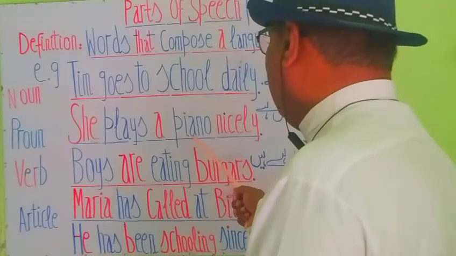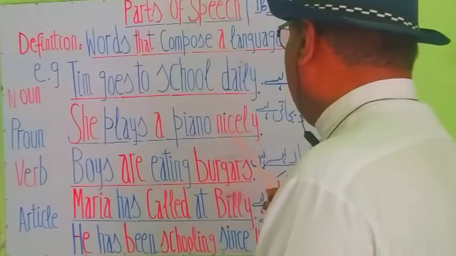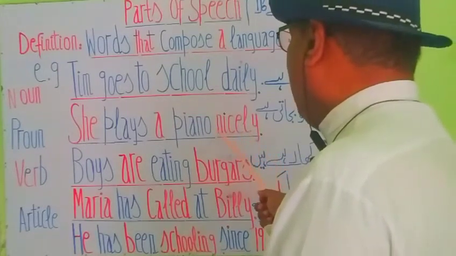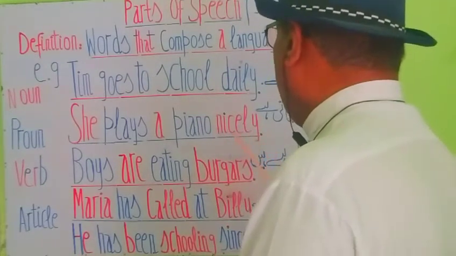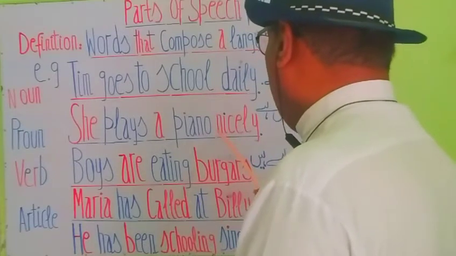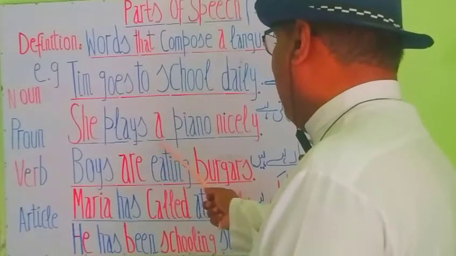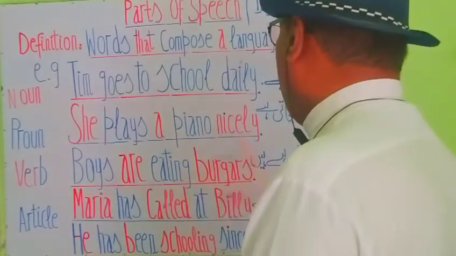Piano is a noun, and nicely is an adverb. Nicely is an adverb because it qualifies the verb. She plays a piano nicely.